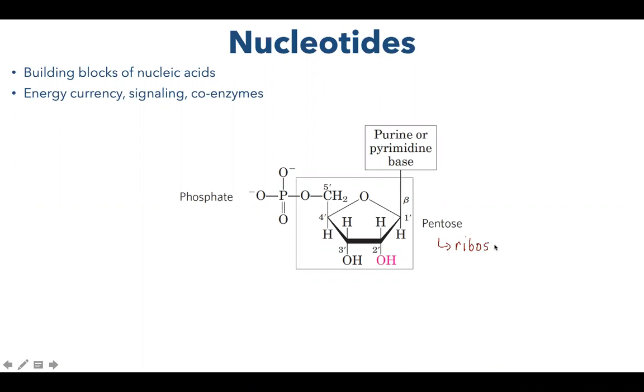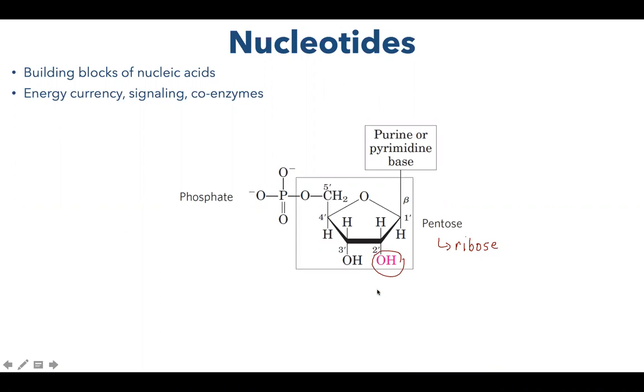So we distinguish between deoxyribose, the one that we find in DNA, and simply ribose. The difference is that in the deoxyribose, the hydroxyl group found in the 2' carbon of the sugar is gone.